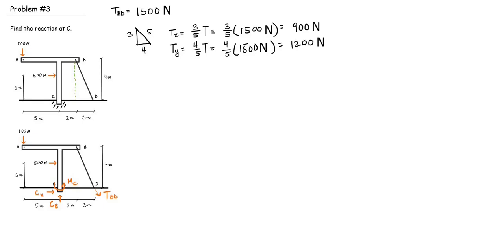Since we have the tension, we can set up the sum of the forces in the x and y direction. The sum of the forces in the x direction is equal to 500 newtons plus 900 newtons plus C of x.